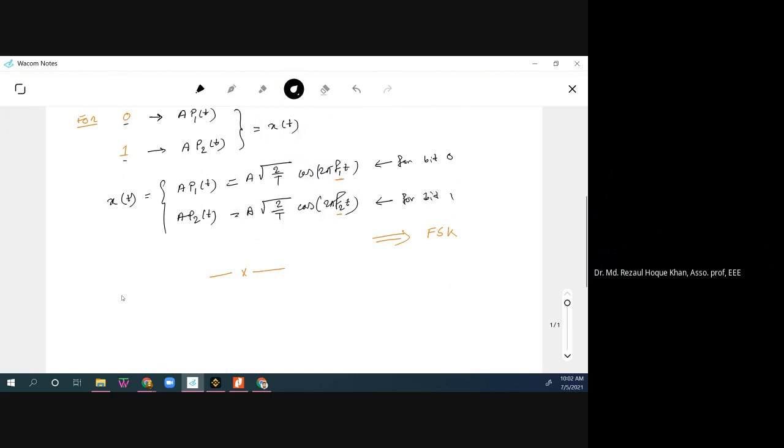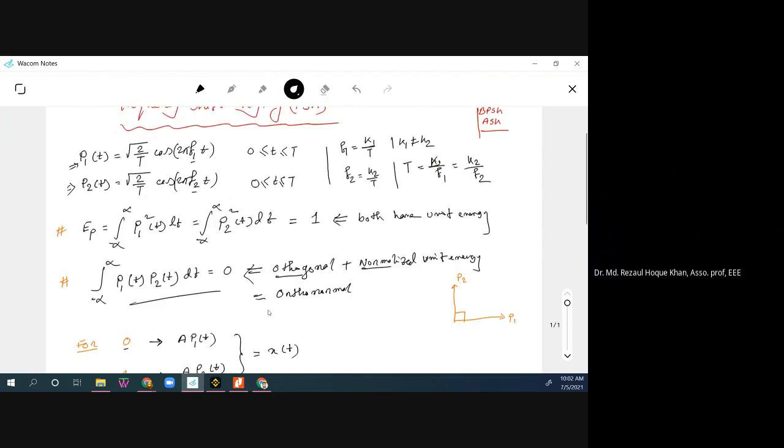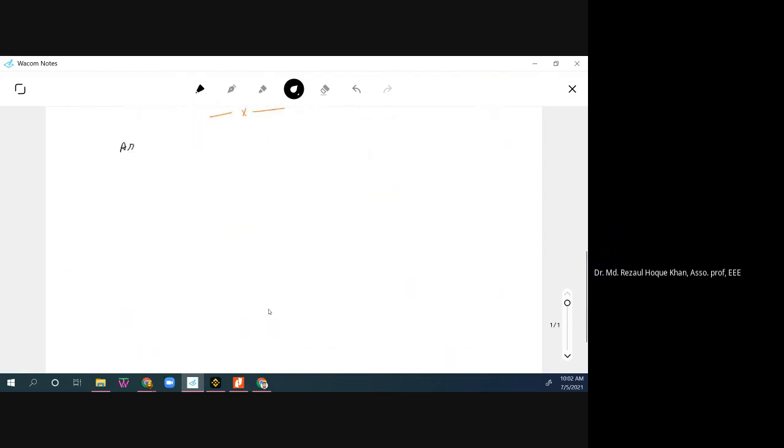Like previously, we assume both 0 and 1 bits have equal probability, one half. What is the average energy then?